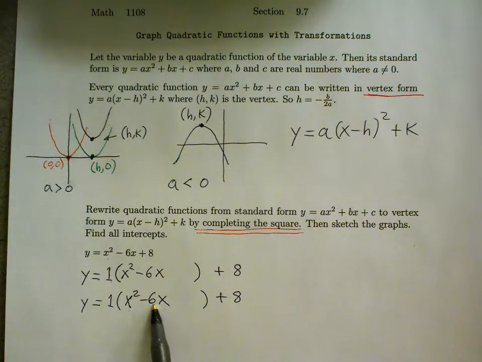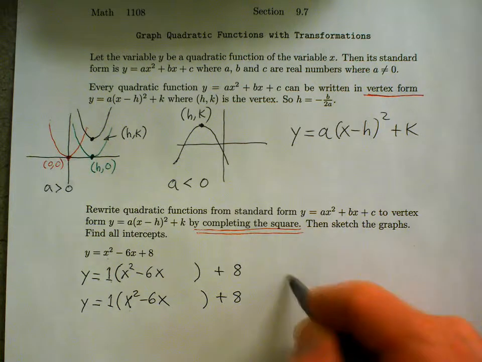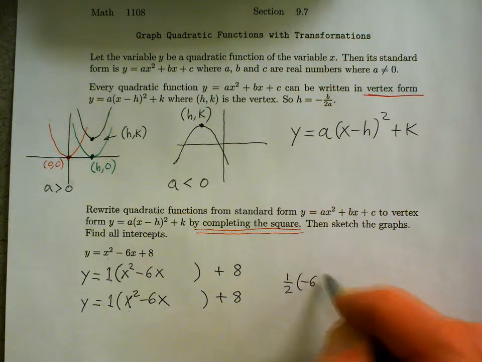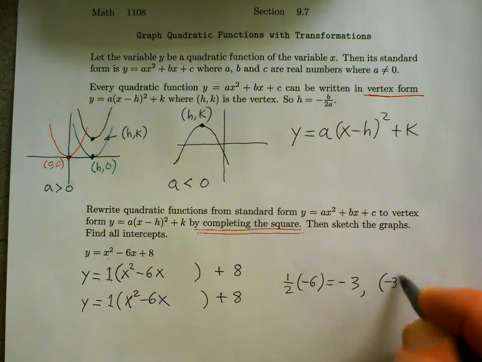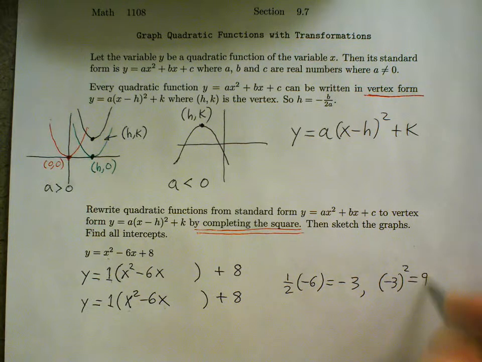Well, I take half of the coefficient of x and square it. The coefficient of x is -6. 1/2 of that is -3. And then I square that number, -3, which is +9.